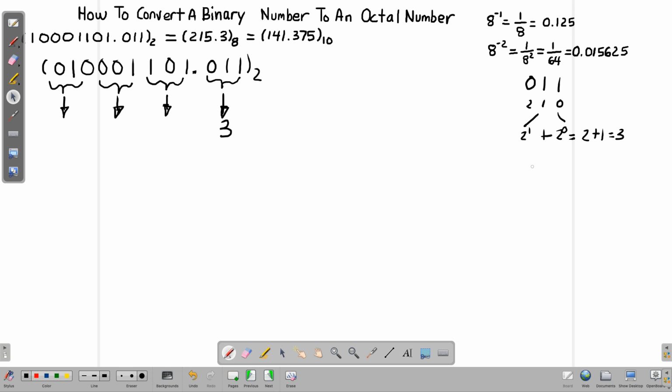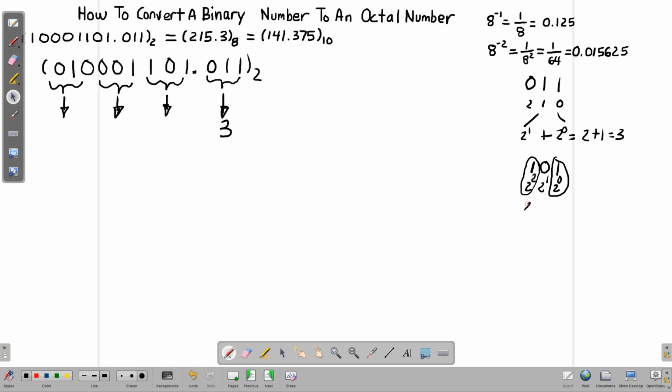Now we look at the next group, 1, 0, 1. We have 2 to the 0, 2 to the 1, and 2 to the second power. These each define the positions. We only care about the values that are turned on, and in this case it's this one and also this value.